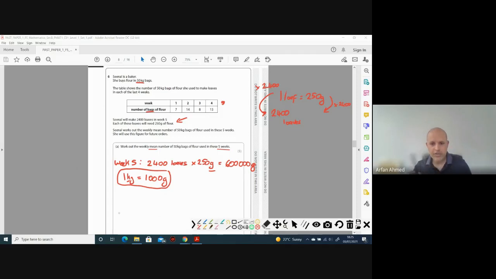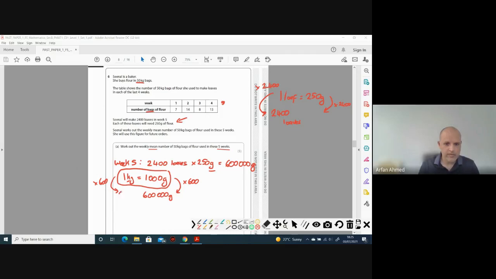So if 1 kg is 1,000 grams, 600,000 grams, how do you get from that to that? How many thousands go into that will tell you. 600,000 divided by 1,000 is 600. So that's 600 times bigger than that.